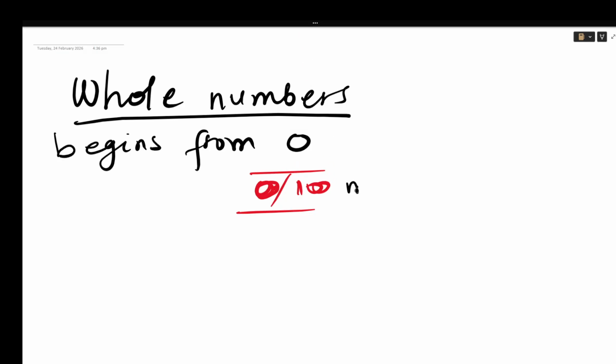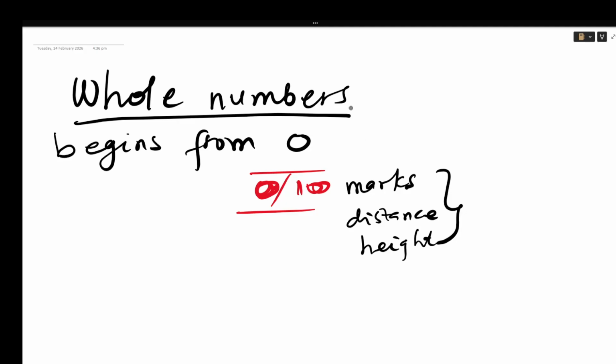Items or things like your marks, or your distance covered, or the height, such things can fall under whole numbers, because it could be you scored 0 over 5, or you haven't covered any distance, so 0 kilometers, or maybe the height of a thing is on the floor, so 0 centimeters.